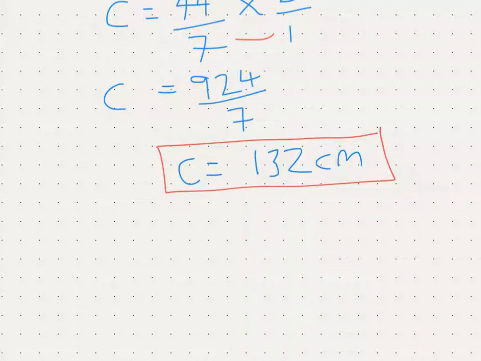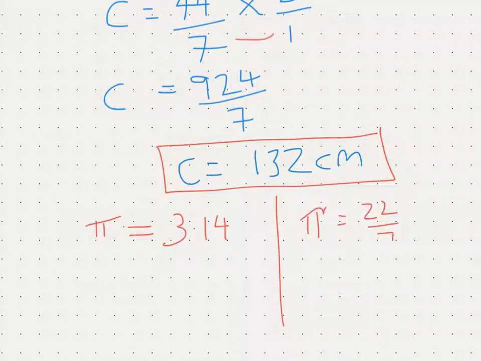And when I compare those values, when I used pi being equal to 3.14 versus when I let pi equal 22 over 7, for area, my answer was 1,384.74 centimetres squared.